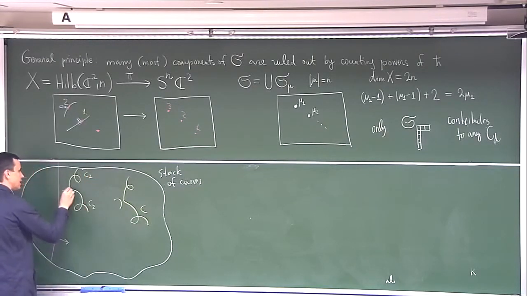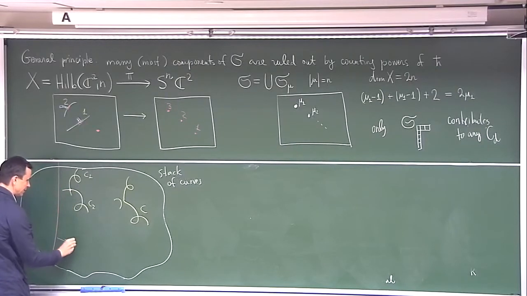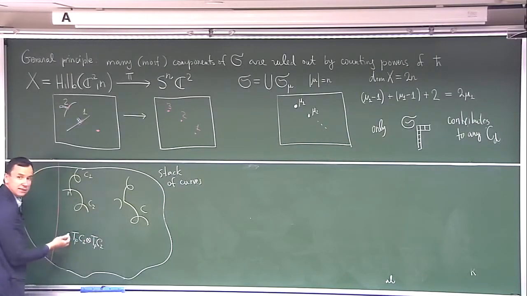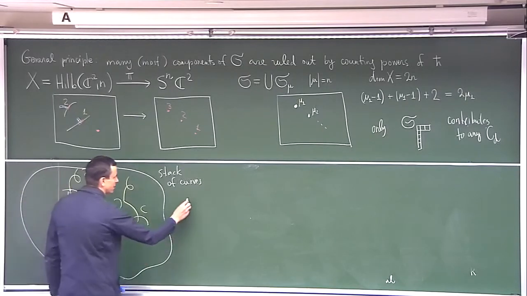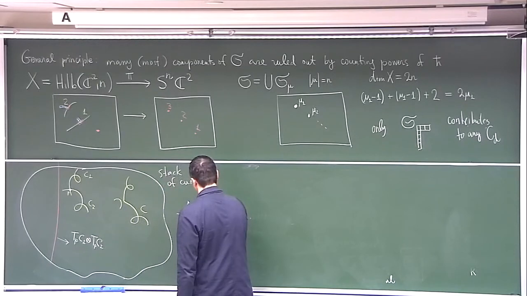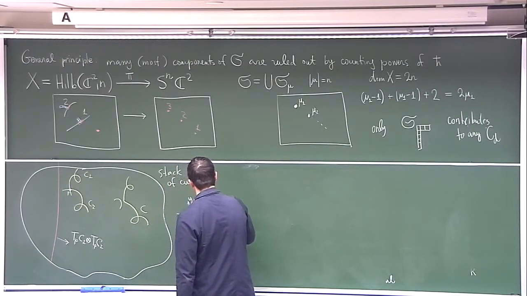Then the normal bundle to this divisor is in fact the tensor product of the tangent line at the point P to the curve C1, tensor the tangent at the point to C2. This is the line, and that line is normal to this divisor. And why is this? Because the smoothing of the node is just the local model of that: take xy equals 0 and replace it by xy equals epsilon.